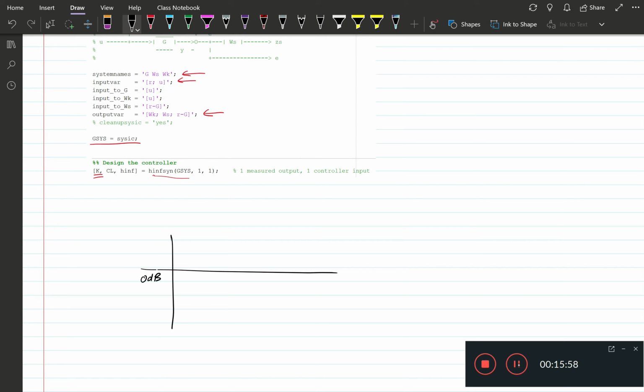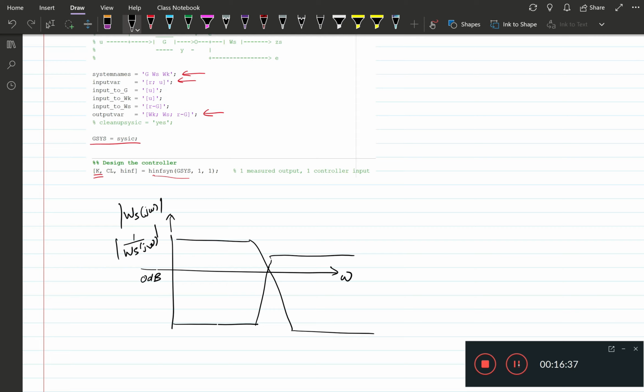So for example, a standard shape of a shaping filter W_S would look something like this, and then the inverse of, so this is the frequency axis, and this is W_S of j omega magnitude, and then the inverse, if you also plot it in the same figure, looks something like this.